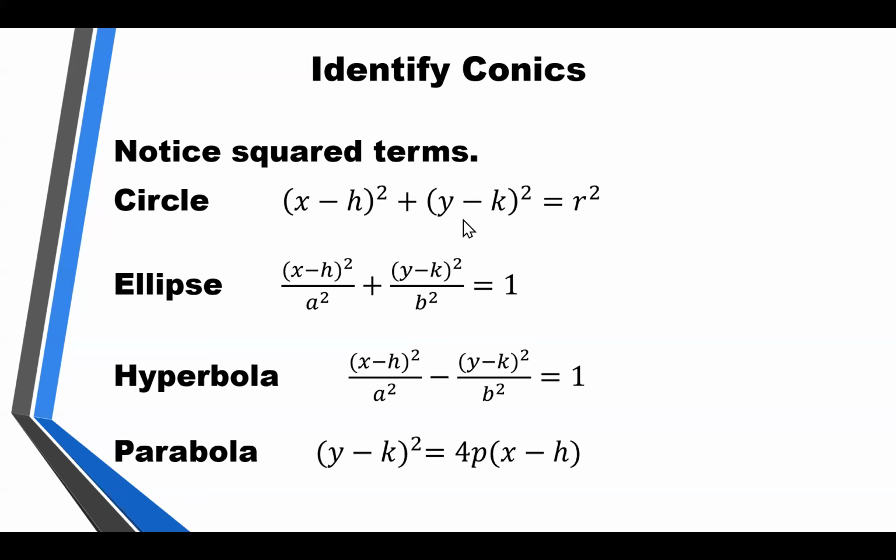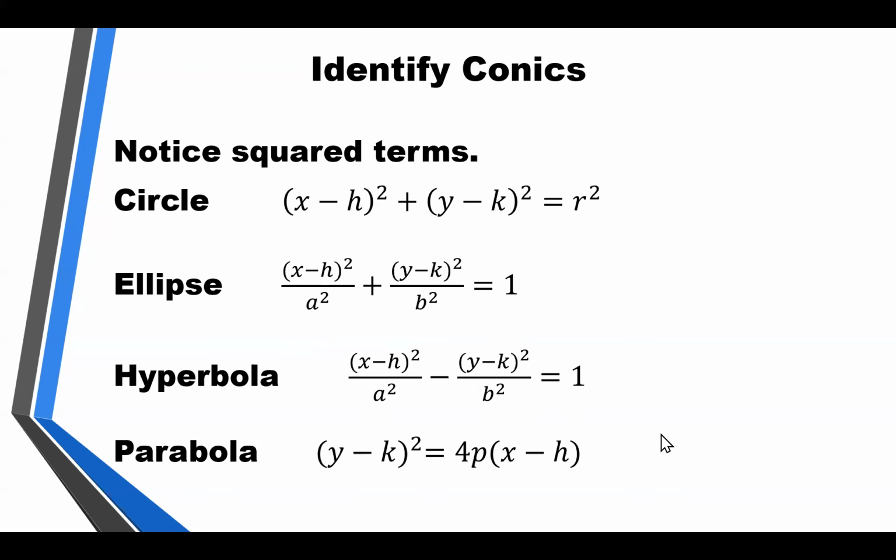If I have nice equations in standard form, then the circle's standard form equation looks like this. The ellipse's standard form equation, or at least one version, looks like this. One version of the hyperbola looks like this. And one version of the parabola looks like this.